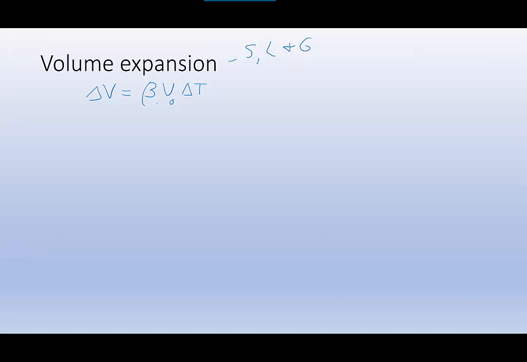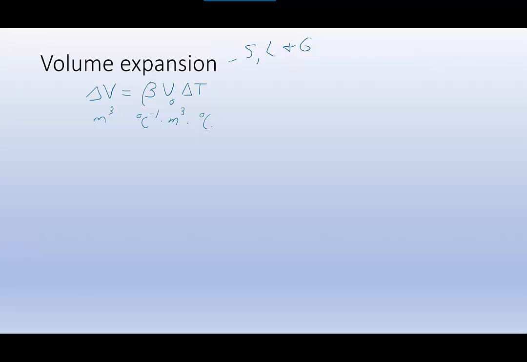It just is for volumetric expansion instead of linear expansion. So again, your change in volume has a unit of cubic meters. Beta has units of 1/degrees Celsius. Your original volume has units of cubic meters. And your temperature still has units of degrees Celsius.